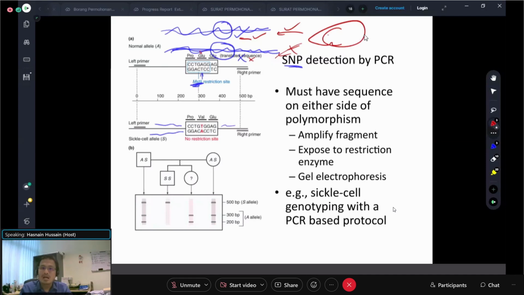So the enzyme can cut over here, but this one cannot be cut, right? So you just imagine, if I have this enzyme and I want to analyze, do I need to analyze the entire chromosome? I do not need to do that, isn't it?